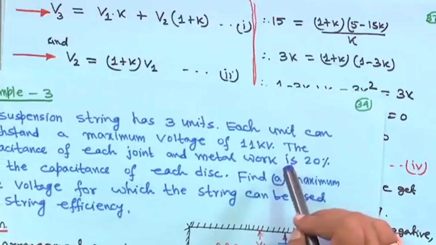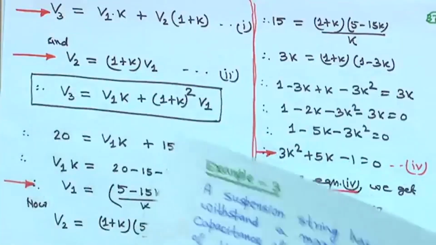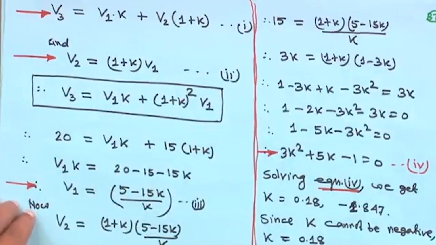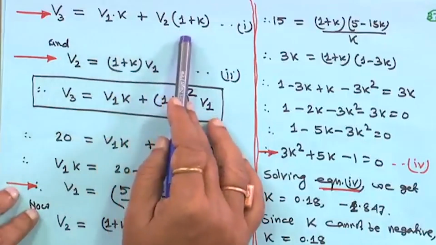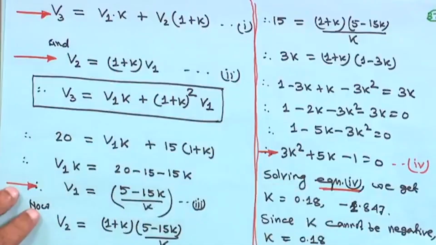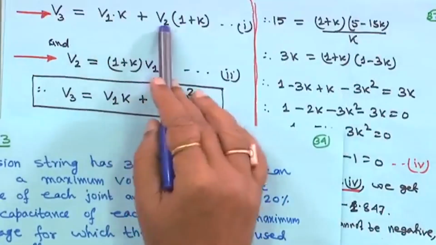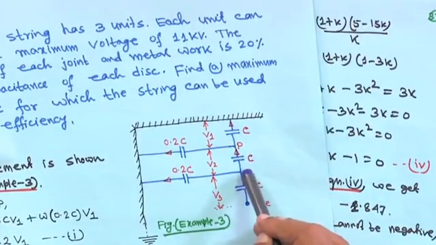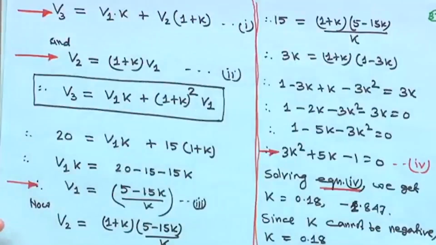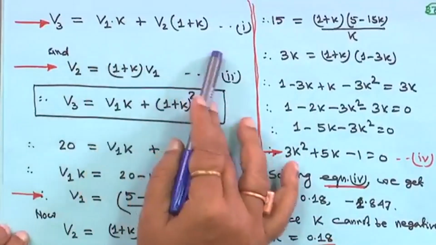If you do so, you will find V3 is equal to V1 into k plus V2 into 1 plus k. Same way you put KCL at point Q, because omega c will be cancelled on both sides.